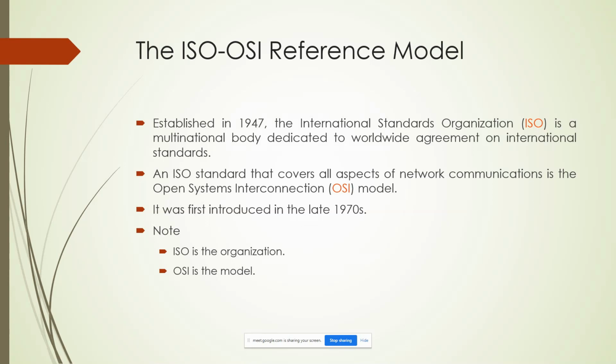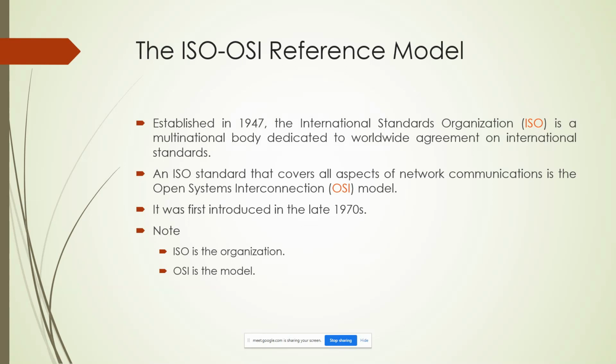The ISO OSI reference model was established in the year 1947, and it was made available by the International Standards Organization, that is the ISO. That is the reason the name is ISO OSI reference model.